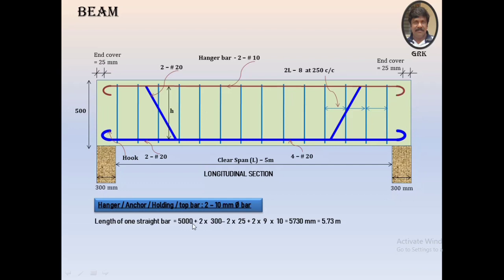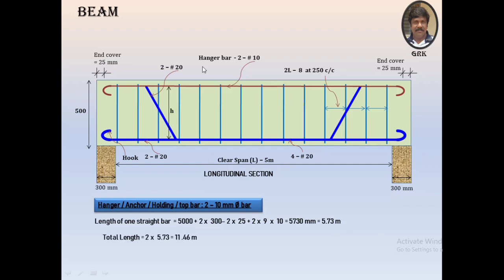So it is 5000 plus 2 times the bearings minus 2 end covers plus 2 into 9 times the diameter of the bar. Now the diameter of the bar is 10 mm. So the length of this works out to be 5730 mm, it is 5.73 meters.